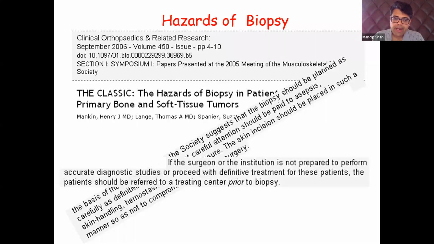He went ahead and suggested that if the surgeon of the institution is not prepared to perform the accurate diagnostic studies or proceed with definitive treatment for these patients, the patient should better be referred to the treating center prior to biopsy. So it is very clear that the biopsy should be done in the institute where the patient is going to receive the final treatment.